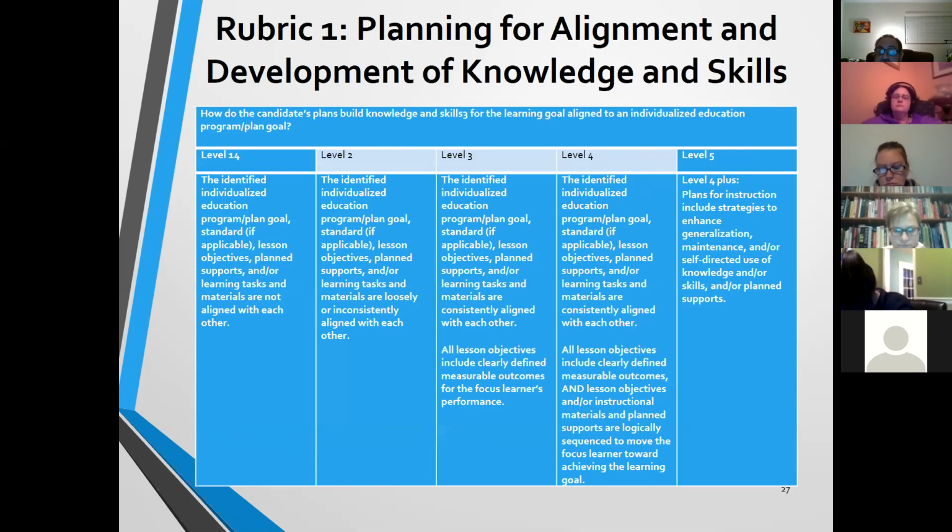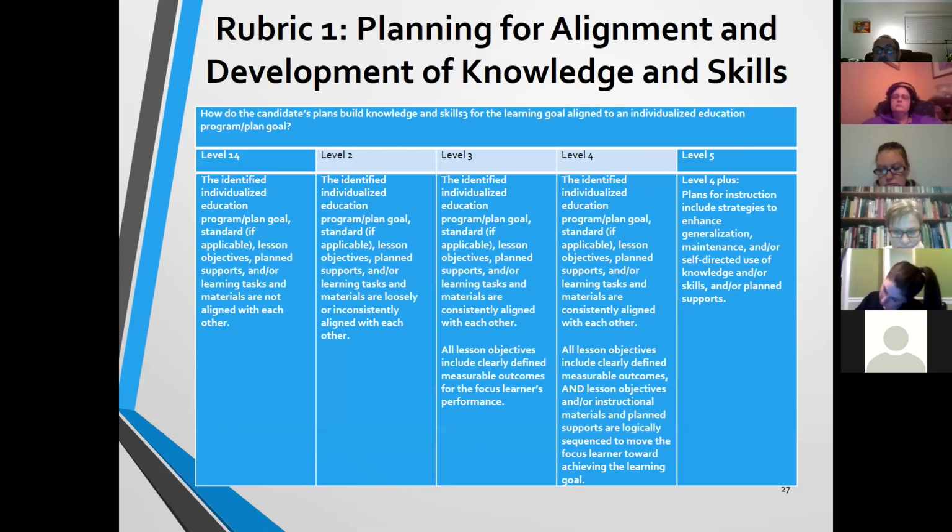All lesson objectives include clearly defined, measurable outcomes for the focused learner's performance. So this is something that we've already talked about once or twice, and that is alignment.